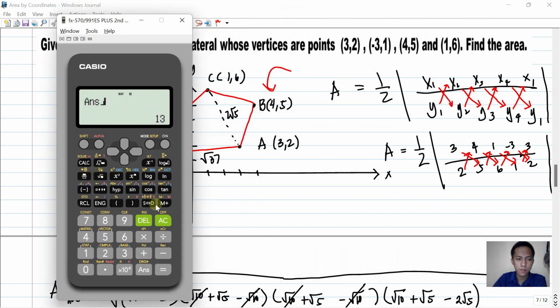So let's input that here. 1/2, in mode 1, normal computation, guys.